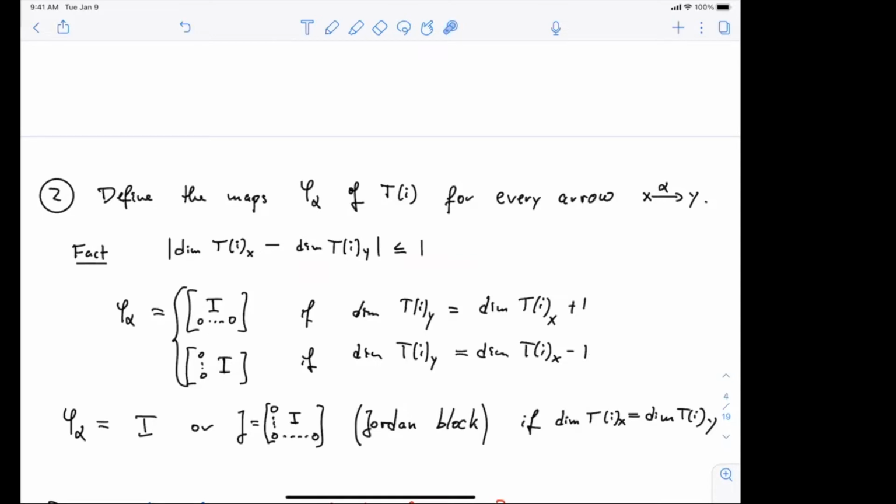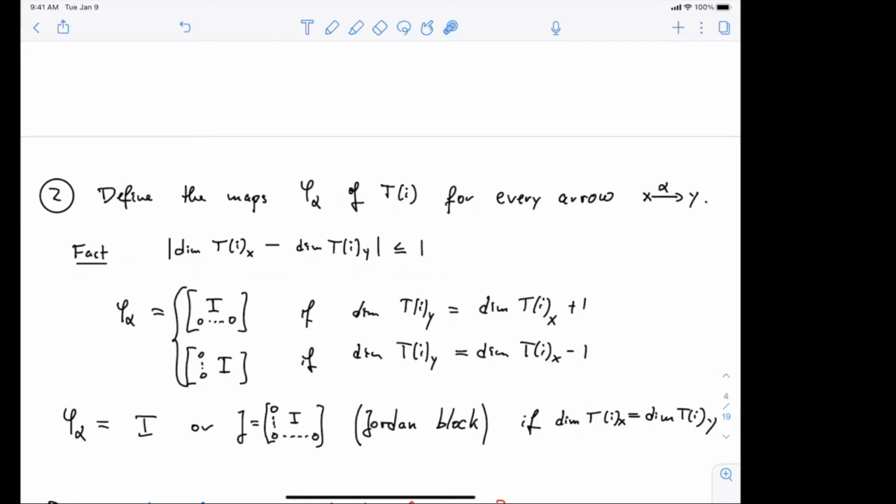You need to accept the fact that if you have an arrow alpha from x to y in the quiver, you need to define a linear map on this arrow for defining the representation Ti. And the fact you need to accept here is that the difference of the dimensions at these 2 vector spaces is at most 1. This comes from the construction of the partition.